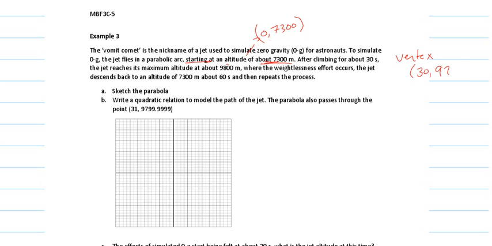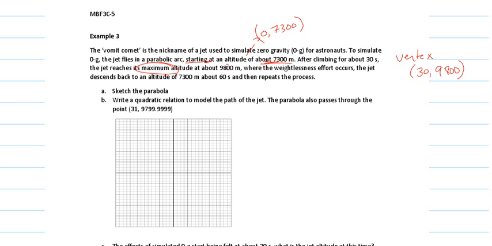Yes. How do I know it's a vertex? What word gave it? It gave the word maximum. See, you guys are problem solving right there. So it's telling you it's a maximum. That means it's the vertex. Perfect. So far I have 2 points, right? My initial point, my maximum point.